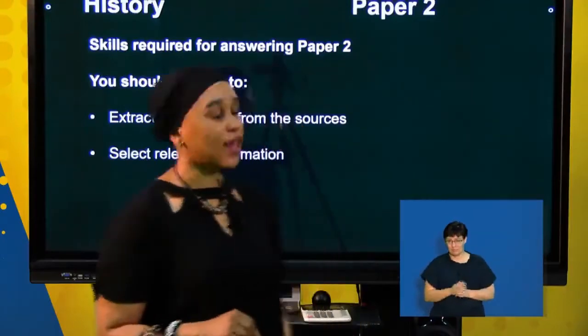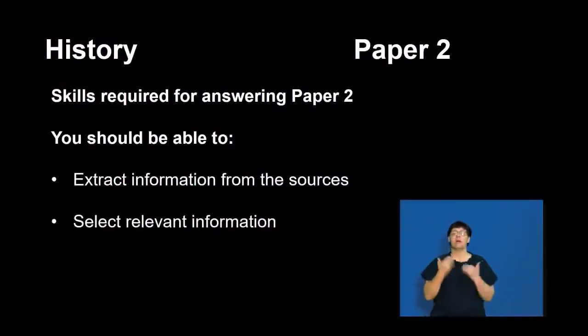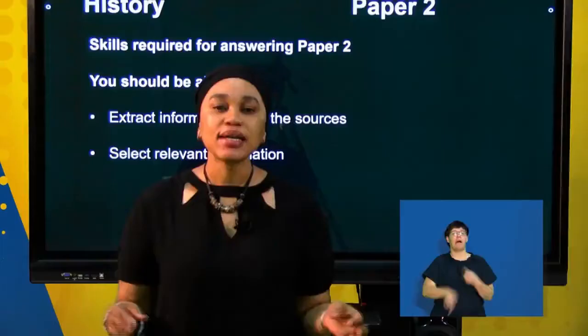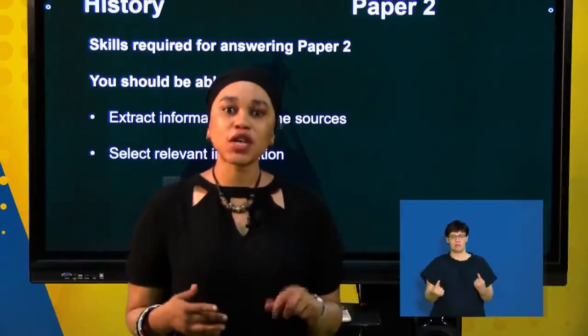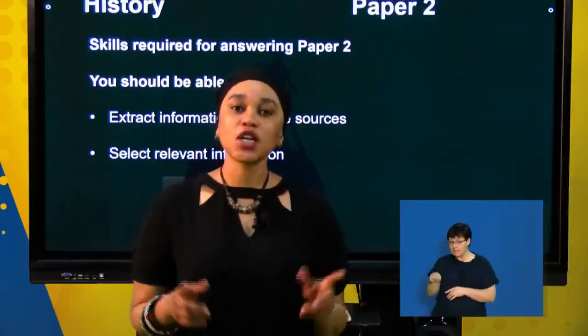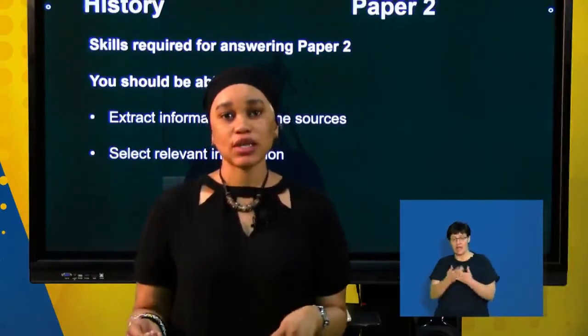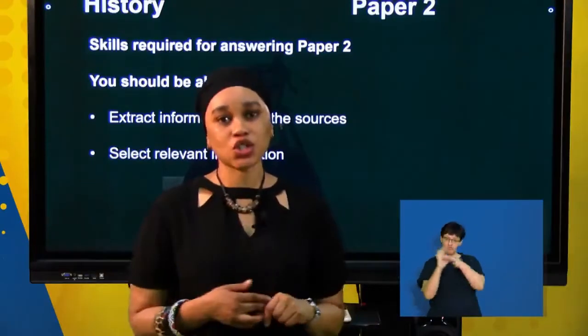Don't forget that. Okay, and then you have to select relevant information. As I said to you before, you can't just randomly select information. You have to make sure that the information that you select is the information that will help you answer that question. It is relevant to the question.